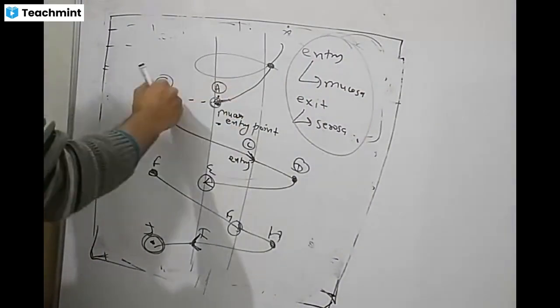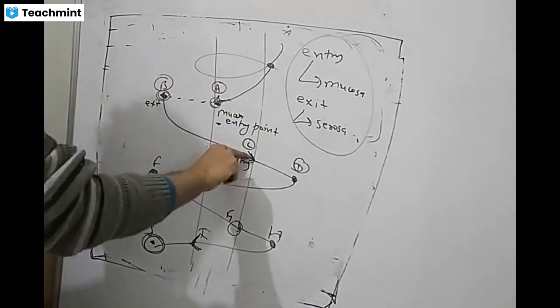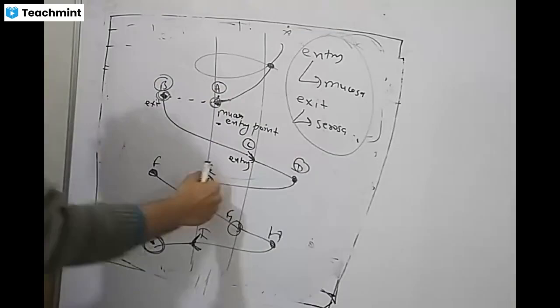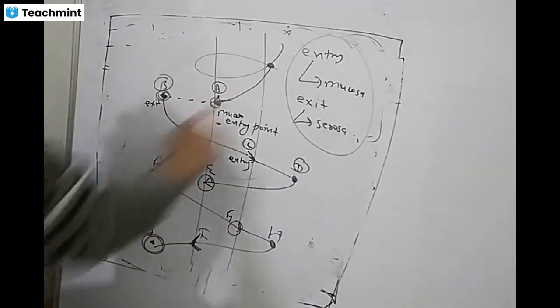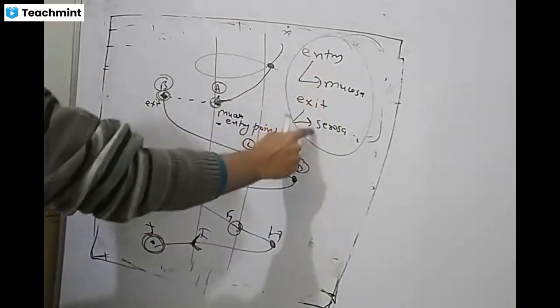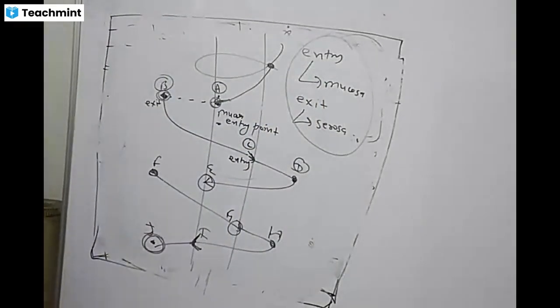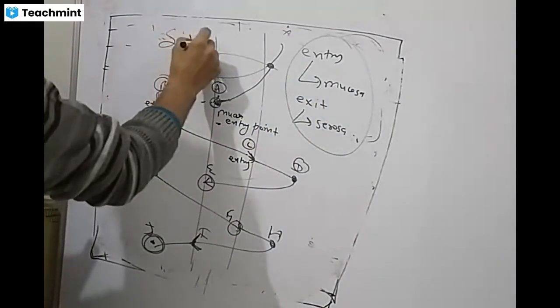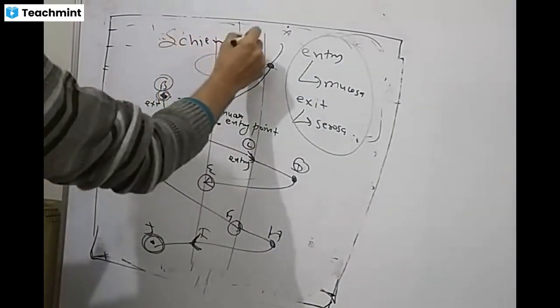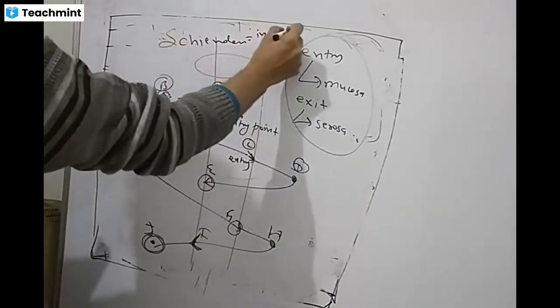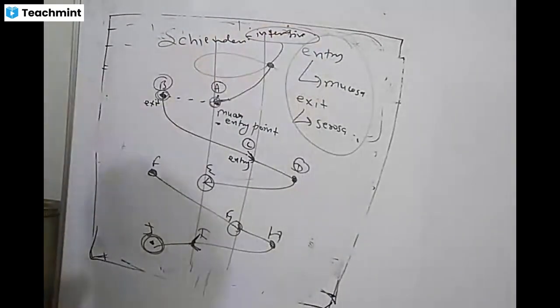Enter from the mucosa, exit from serosa. Then we enter the mucosa, exit from serosa. So entry is the mucosa, exit is the serosa. This is the pattern, and this Smead-Jones pattern was previously used in intestine closure.